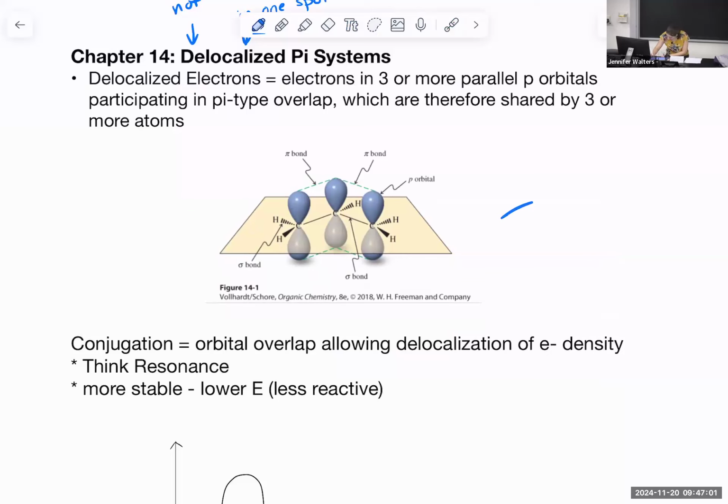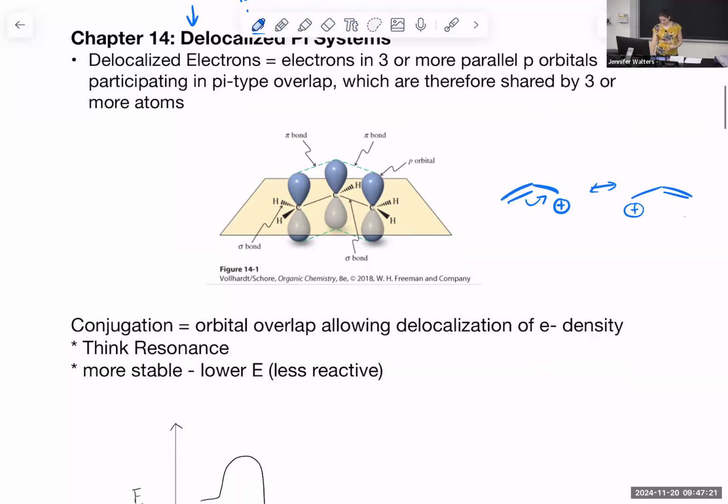So if you're imagining my 3 sp2 hybridized atoms, and I can get that pi bond to move over, it's doing the same thing. It's those 3 parallel, unhybridized, normal p orbitals.